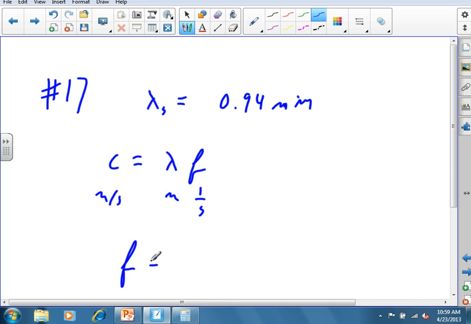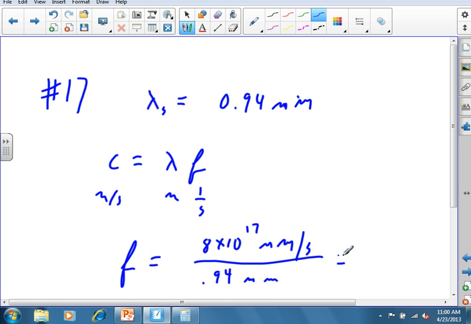So F is the speed of light, 8 times 10 to the 17th nanometers per second, divided by 0.94 nanometers. That's so ridiculous. All right, I think I'm all set now. 8 times 10 to the 17th divided by 0.94.